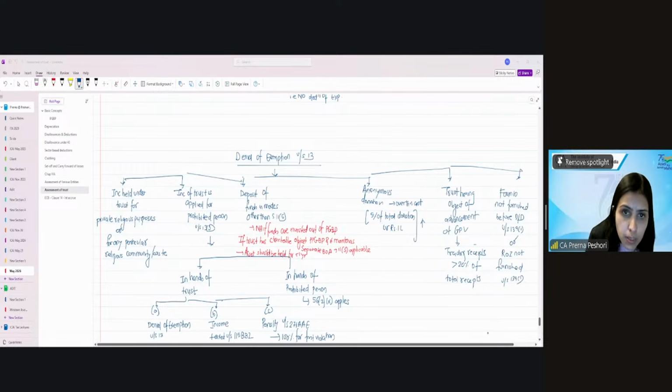So if it has the receipts more than 20% of the total receipts in respect of trading receipts, it fails to maintain the books of accounts, it fails to get its books of accounts audited and furnish the audit report, it fails to file the return of income, in these cases, the trust will not be getting the deduction of the application. Are we clear? Clear. Any questions, any doubt?